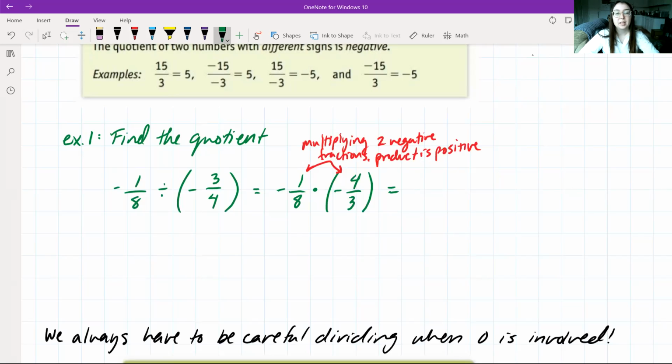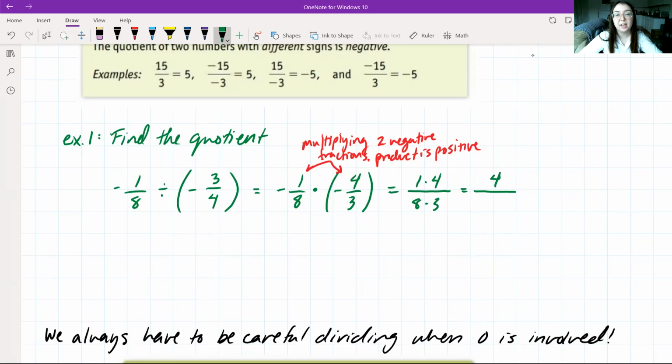All right. So now we multiply our numerators and we multiply our denominators. So our numerator is going to become 1 times 4 divided by 8 times 3. Now we can simplify, and our numerator is going to become 4, and in our denominator we have 8.